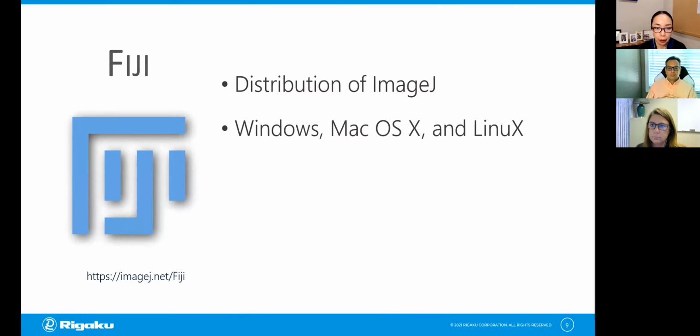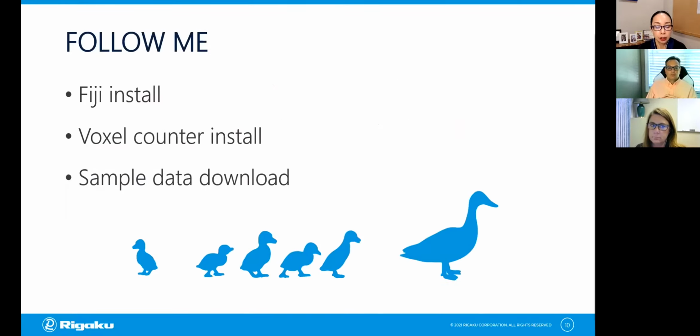Now, today we're using Fiji distribution of ImageJ, which is open source. So you're more than welcome to follow me and do the same analysis on your computer. But if you are going to do that, you will need Fiji already installed on your computer. And you will also need a voxel counter plugin added to it and the sample data downloaded from our website.